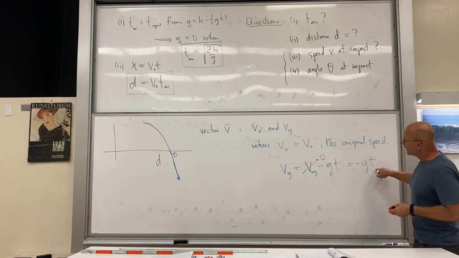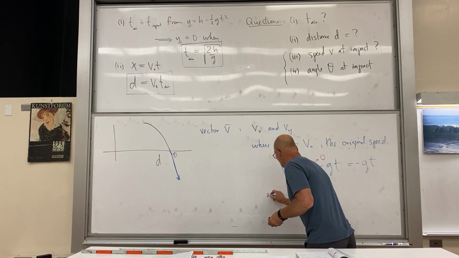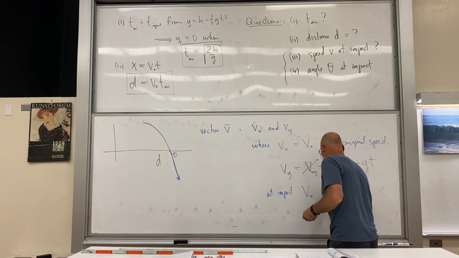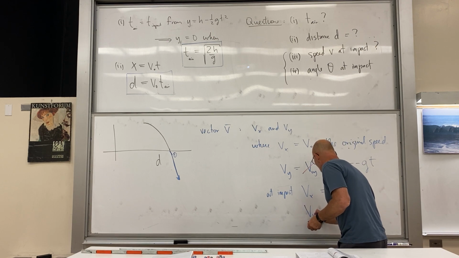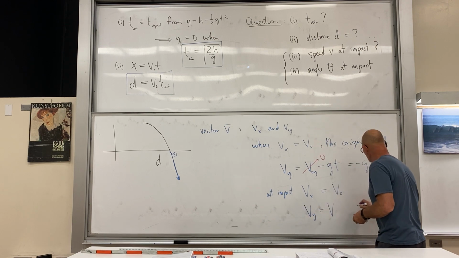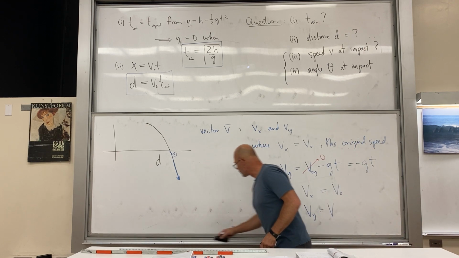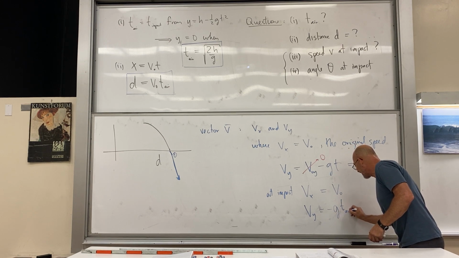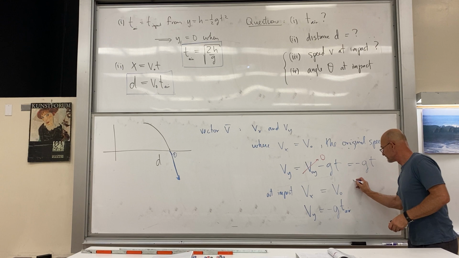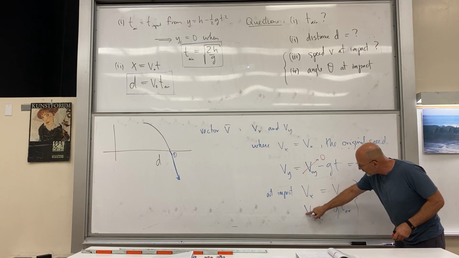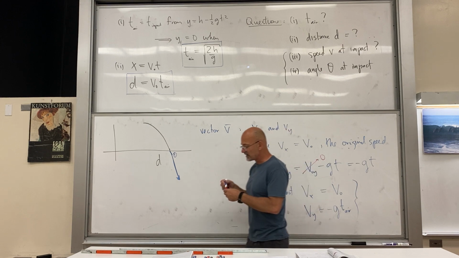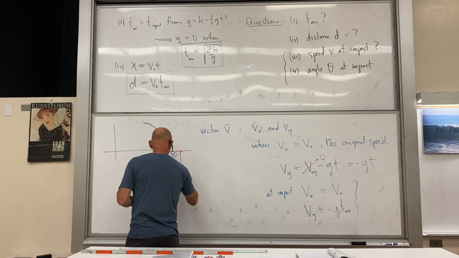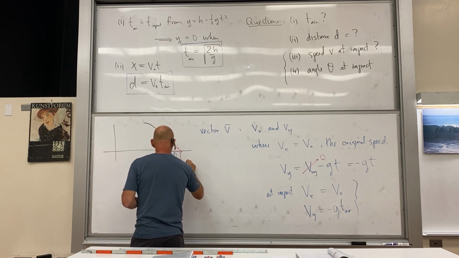So when it hits the ground, at impact, vx equals v0, and vy equals minus g times t air. Those are our two components of this vector. I'll draw them in red, and the vectors add like arrows, we'd have vx and vy.